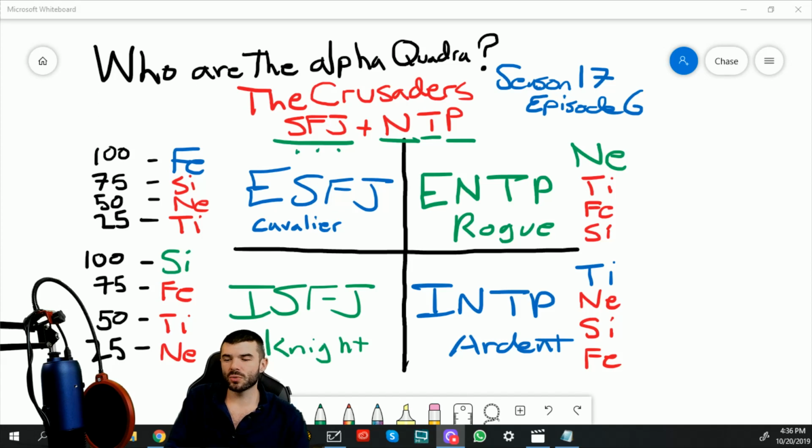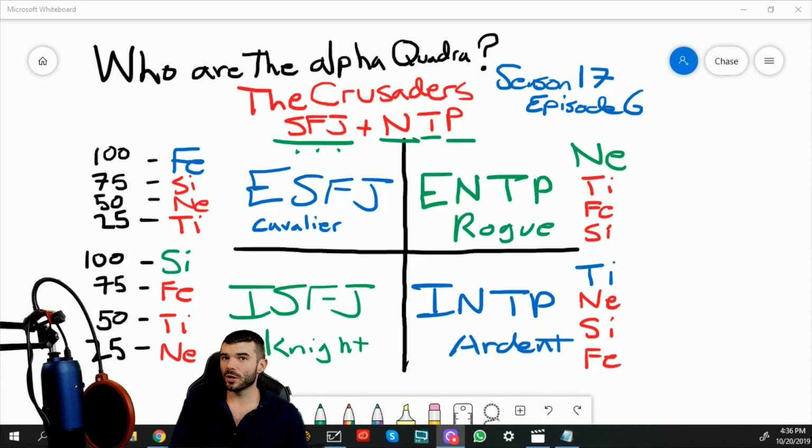Now remember, folks, when we're talking about quadras, quadras themselves are not the same as the four sides of the mind, as some people have called them. Like, oh yeah, I'm an ENTP, so my quadra contains ISFJ, INTJ, and ESFP. No, no, no. Your four sides of your mind are not the same thing as your quadra.